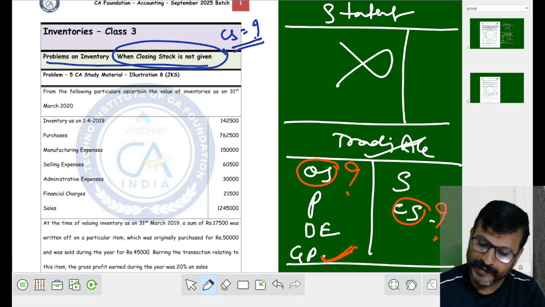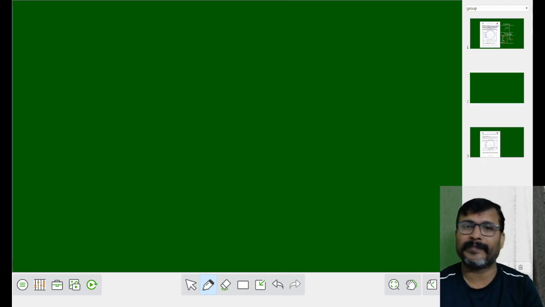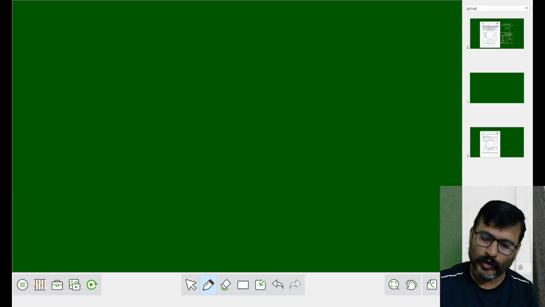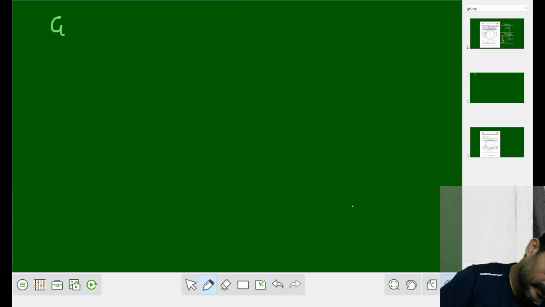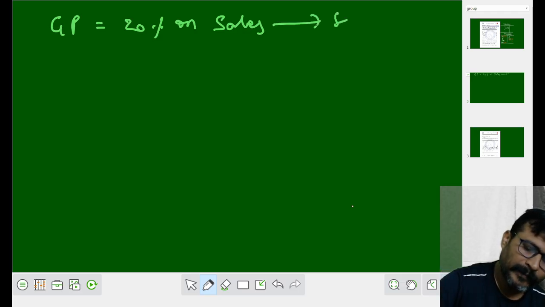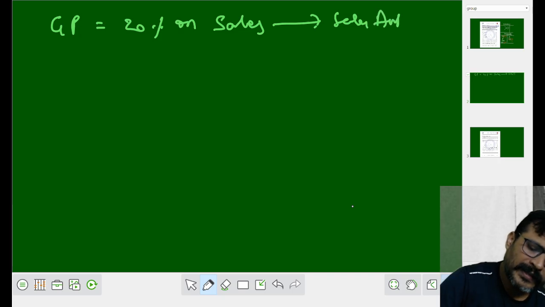Now, the next concept. How the gross profit is given? Please make a note of this keynote in your notes. For example, gross profit 20% on sales. Sales amount is 1 lakh.